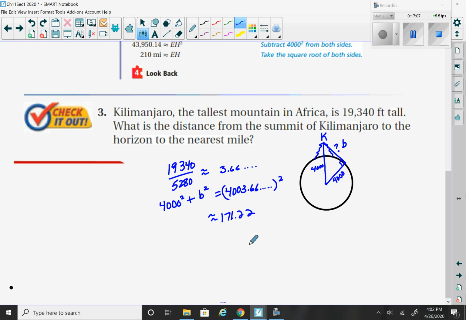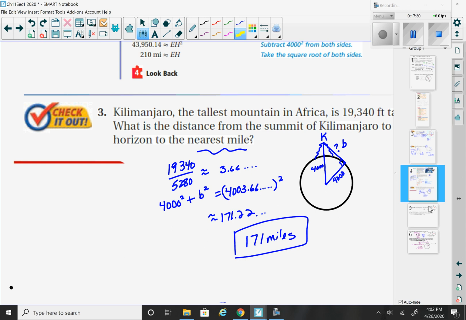Double check on your calculator, make sure that you can come up with the same value. Notice that it says to round to the nearest mile. So at the very end, I'll round this to about 171 miles. Again, that's the distance from the peak of Mount Kilimanjaro to this point on the horizon. And you're using your Pythagorean theorem to help you solve it, in addition to converting units.